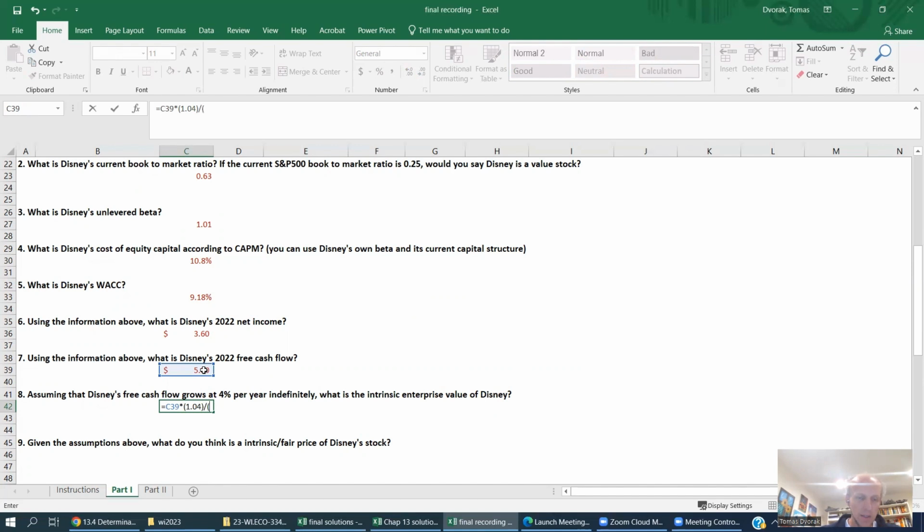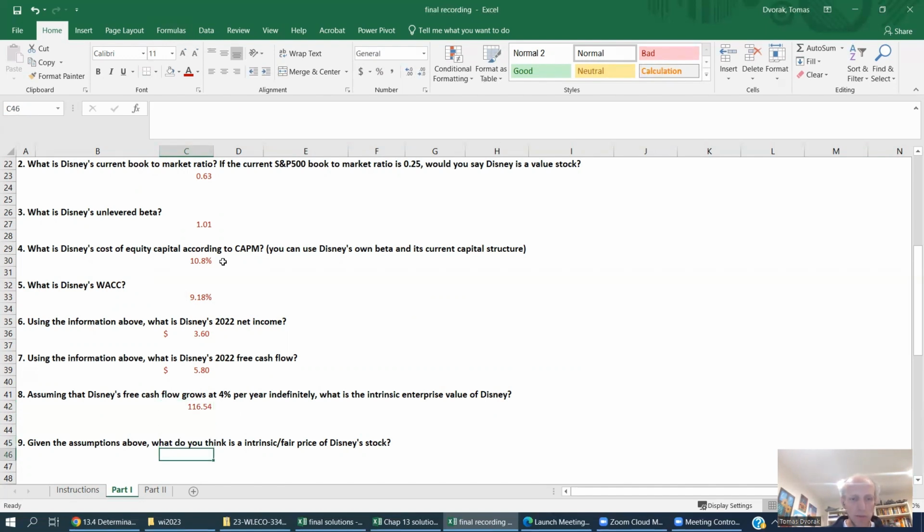Divided by the difference between the discount rate that we apply, which is WACC, minus 0.04. And so this doesn't count the 2022 free cash flow, right? We're calculating the enterprise value as of January 1st, 2023, going forward. So that gives us 116. Let's make fewer decimal places. Okay, 116 billion.